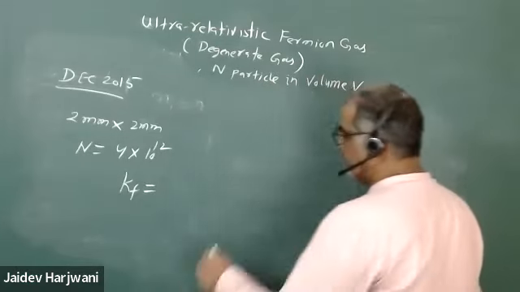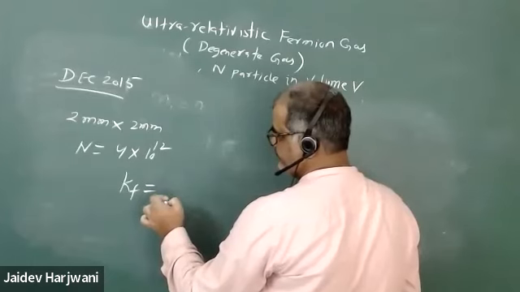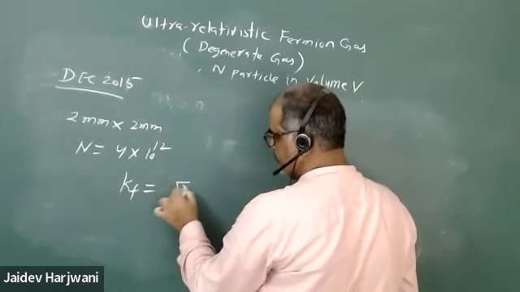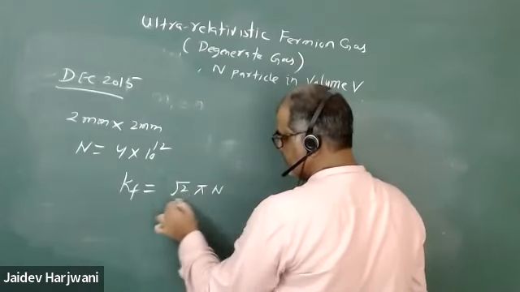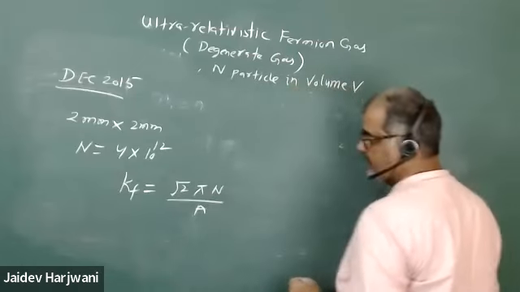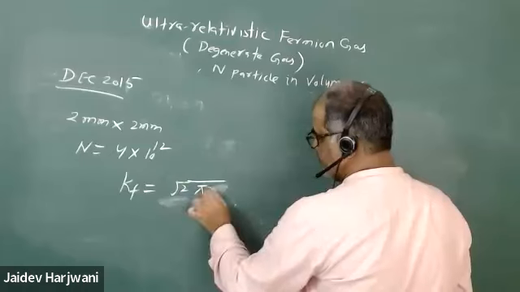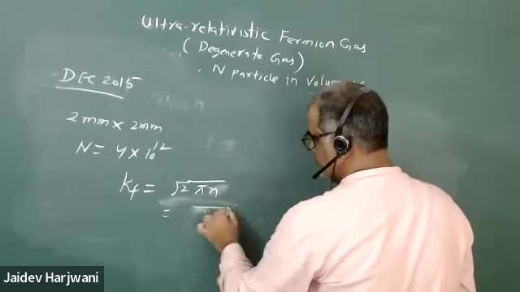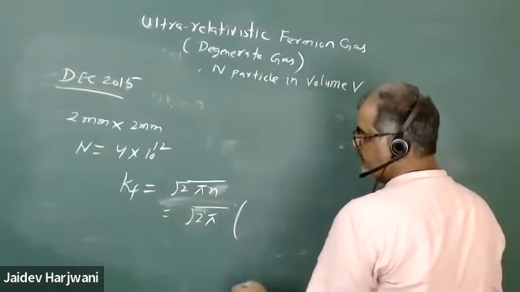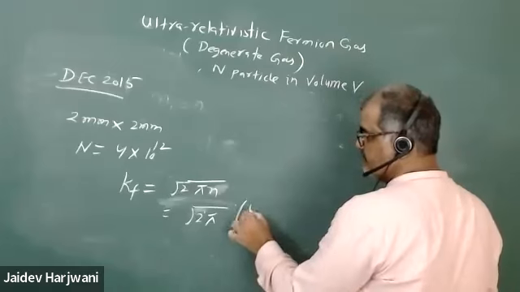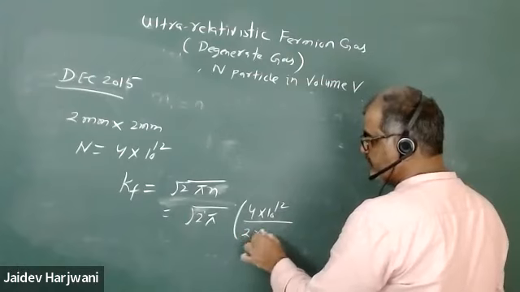And in 2D, what is the formula for kF? Under root 2πn. Under root 2πn, where n is N by A because of area. The whole thing is under the root. So this is root 2π, and under root n, where n means N by A. N is given as 4 times 10 to the power 12, and A is given as 2 into 2, 4.